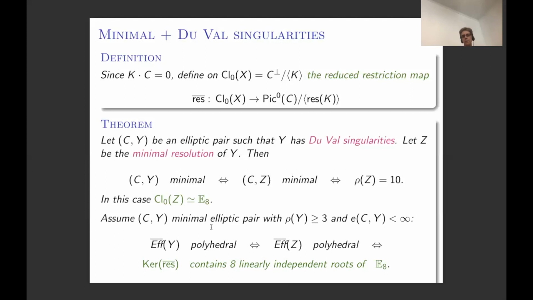So to decide polyhedrality, when the order is finite, we need a minimal elliptic pair and also Duval singularities.